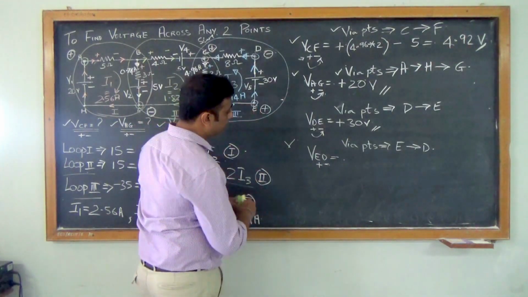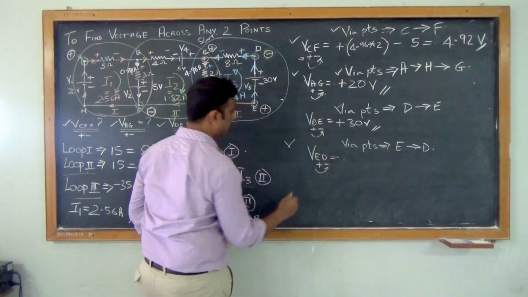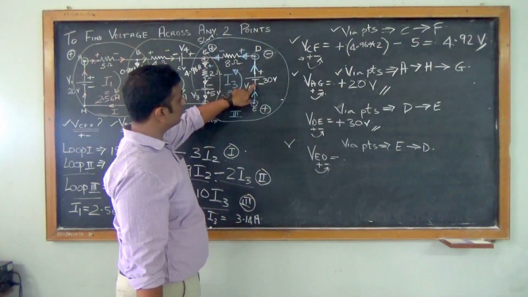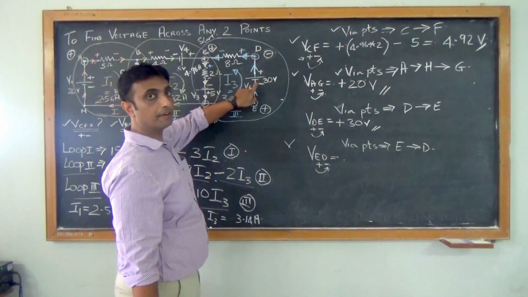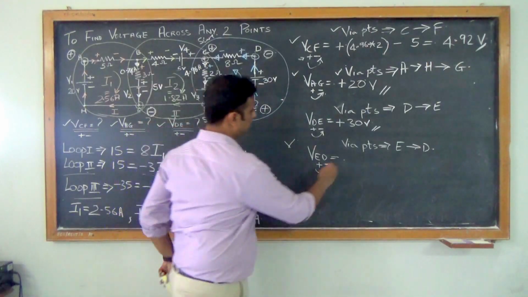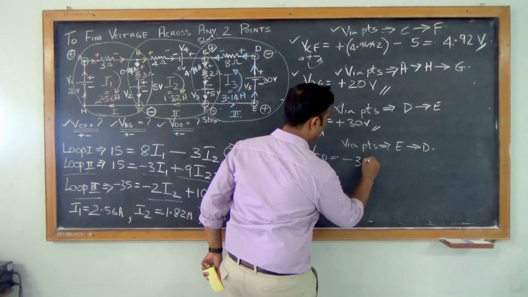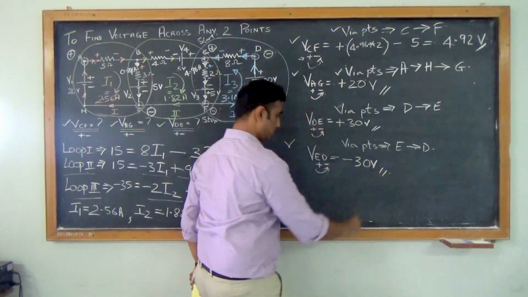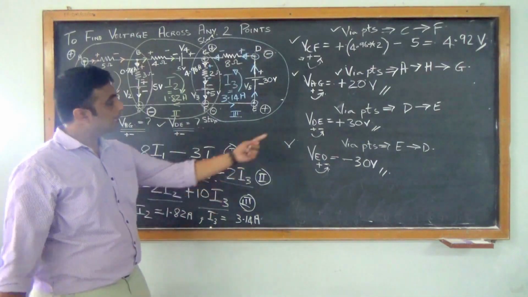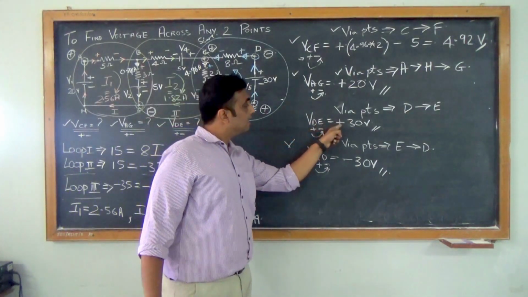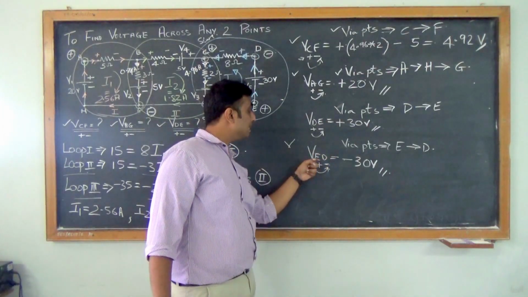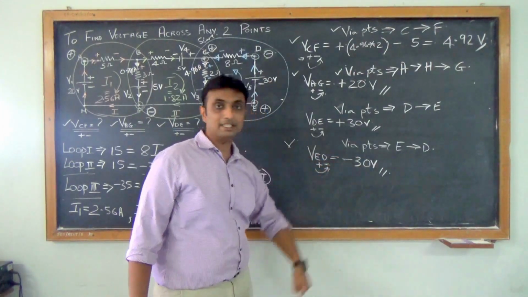So if I am starting from E and going to D, the first terminal it touches is the negative terminal of V5. So this is negative. So positive into negative, negative. So I get minus 30 volts. If my VDE is plus 30 volts, then obviously my VED will be minus 30 volts.